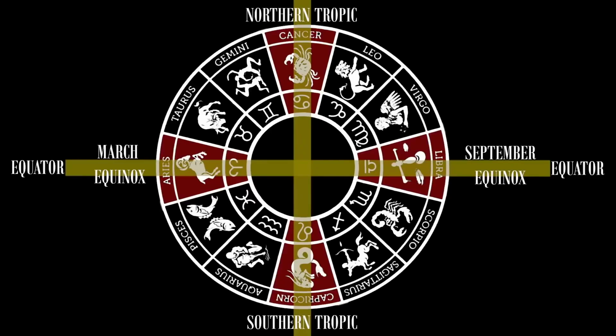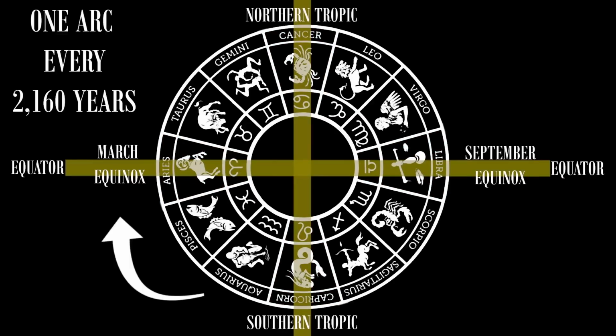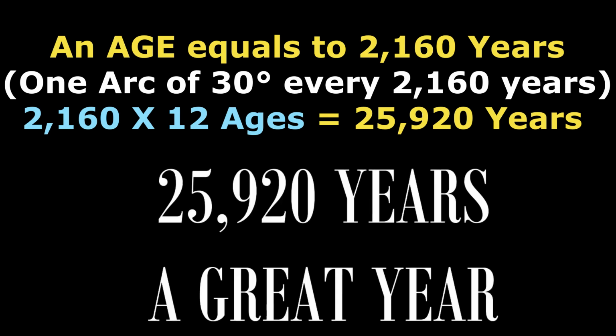Now the stars above us are revolving anti-clockwise from their usual fixed positions at 1 degree every 72 years, and a whole zodiac arc every 2,160 years. This rotation keeps shifting one arc every 2,160 years, until the wheel makes a full circle, or what is known as a great year.